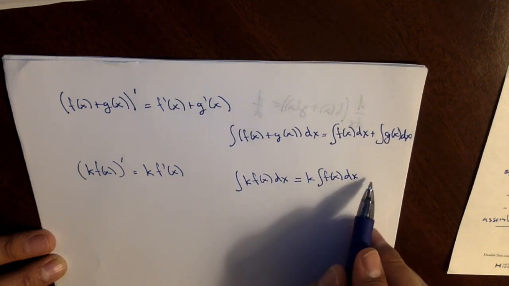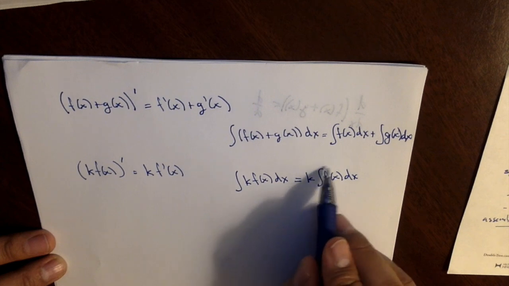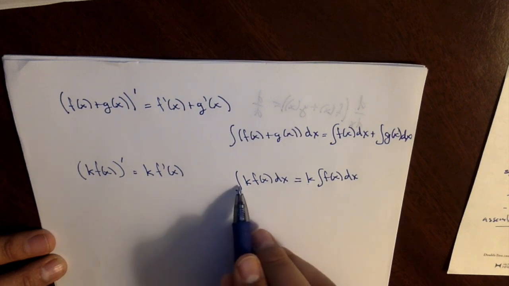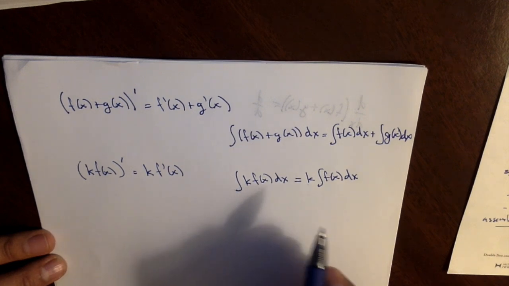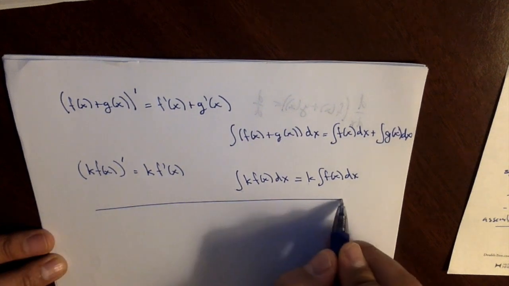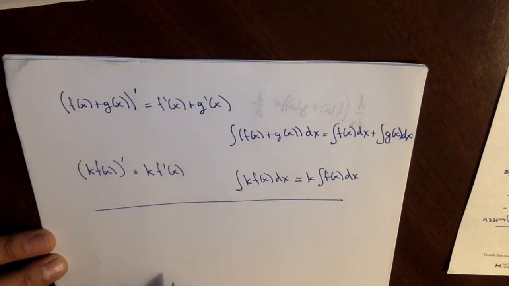So if I say it like this, it says that if I have a function whose derivative is f, and I multiply it by k, then the result is a function whose derivative is k times f. All right, so those are the two basic properties that are going to be very useful.